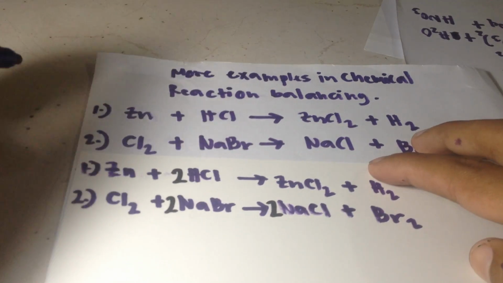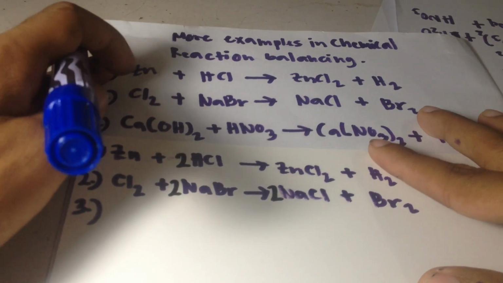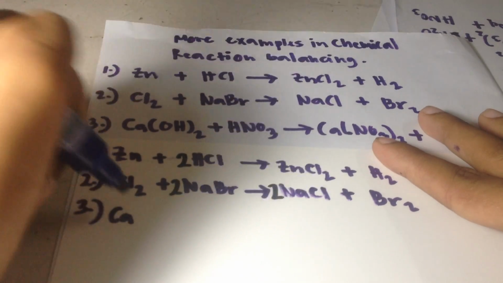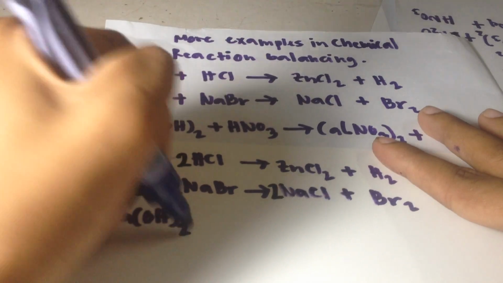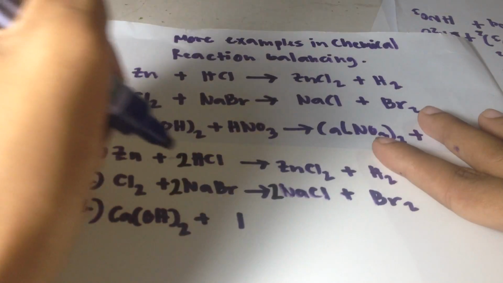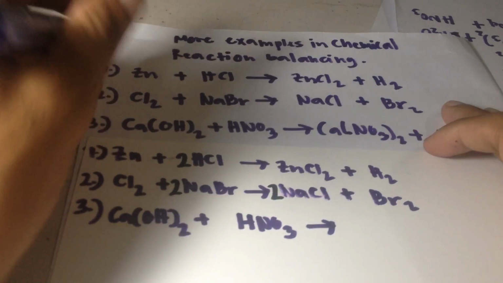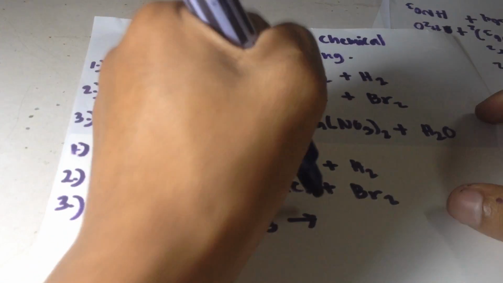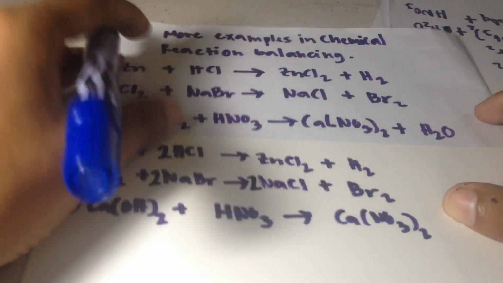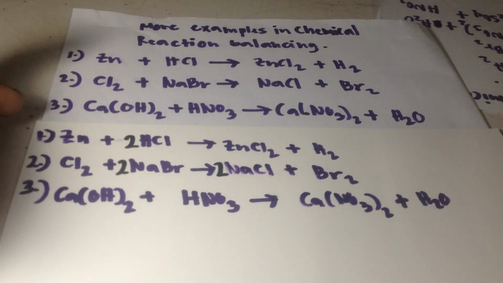How about number 3? Number 3 has calcium hydroxide plus nitric acid reacts to calcium nitrate plus water. So we need to balance the reaction.